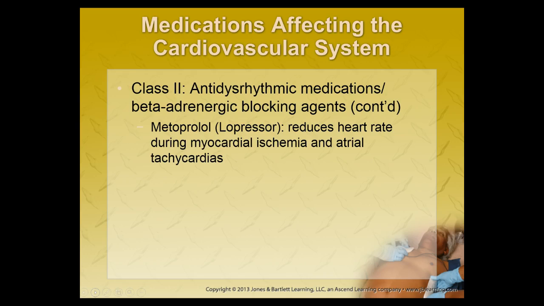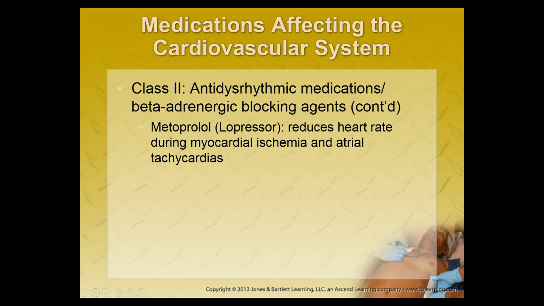So in the presence of ischemia, which is a lack of oxygen to the myocardial cells, reducing the heart rate reduces the amount of oxygen that those myocardial cells need to function. So what it does is it reduces oxygen demand, which is a good thing when the oxygen supply is for some reason lowered to an unhealthy level.